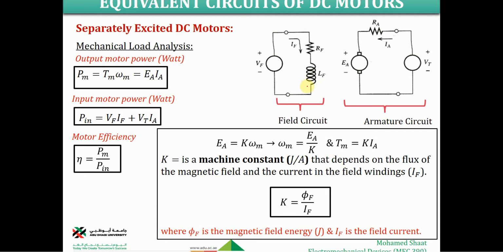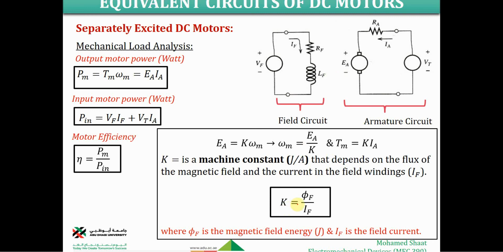How much magnetic field you create and how it intersects with the current IA in the armature windings is responsible for defining the amount of torque and speed of rotation that we end up with. Make sense? So this magnetic field is basically what defines the constant of this machine, or the constant of this electrical motor.